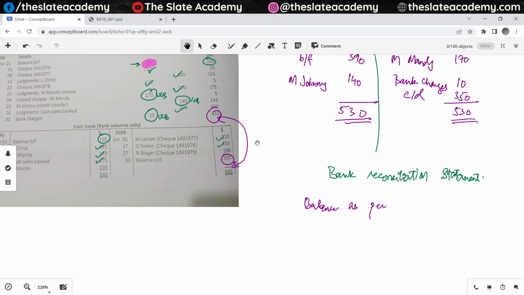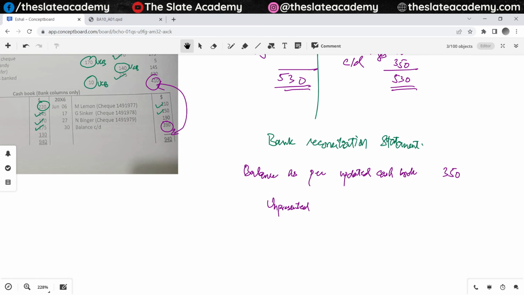So now we say balance as per updated cash book. How much is it? 350. Then we have unpresented checks. We add them, and there are uncredited amounts.